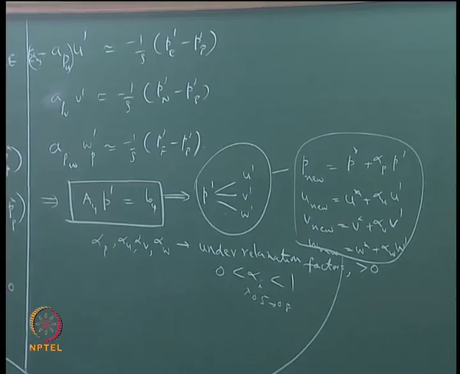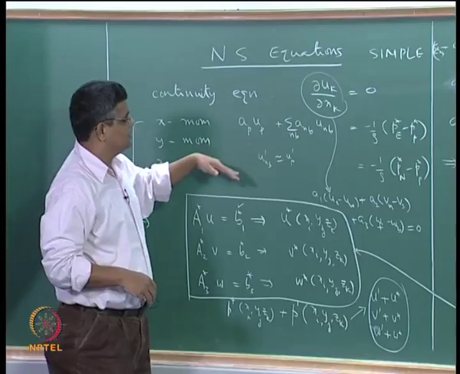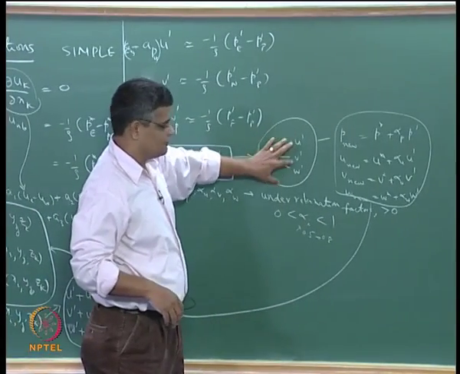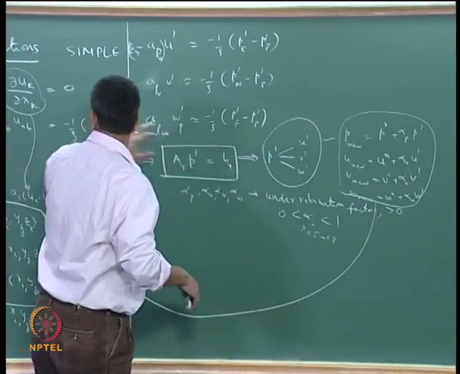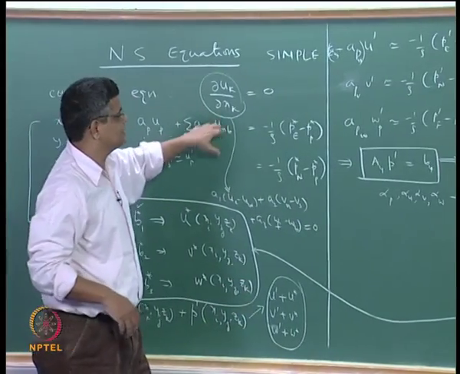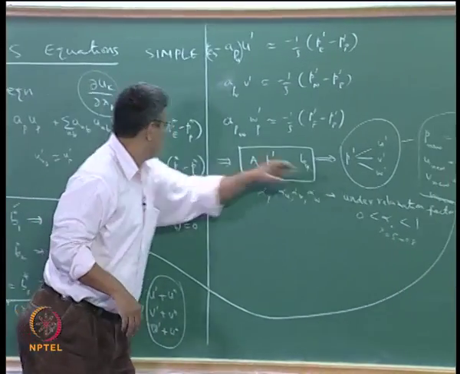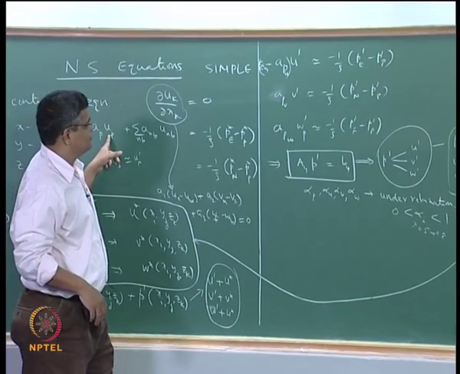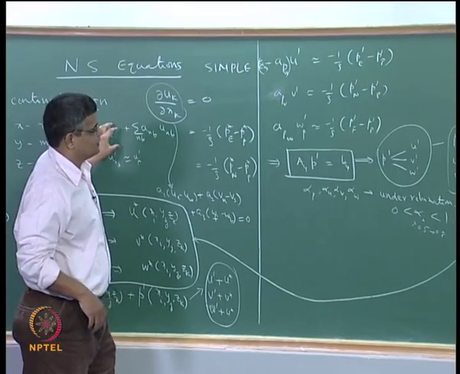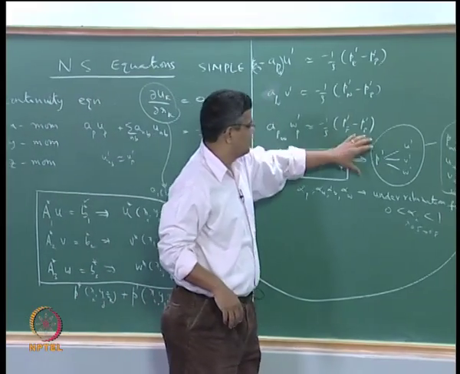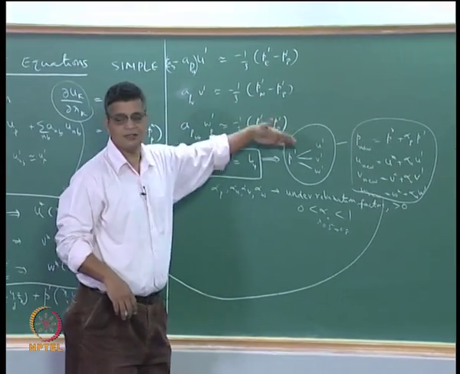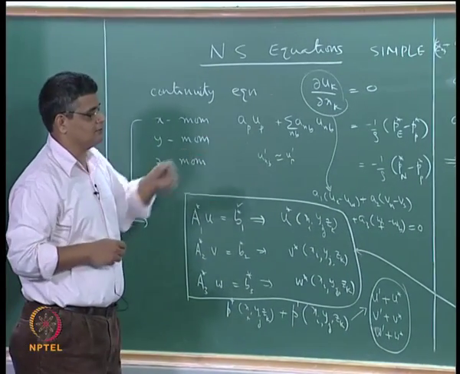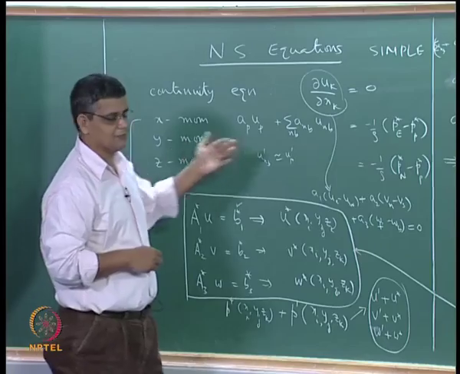So we can do those kind of things, and you can also, having known this u prime, v prime, w prime here, come back to these estimates here. You can substitute these values in this and get a different estimate of u prime from this equation, and then we can put it back again into the pressure correction equation, and you can do it. There are many variants that are possible in this process.